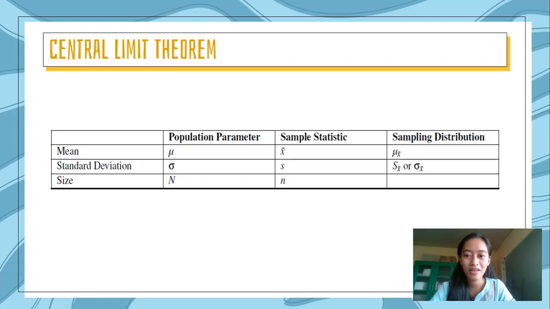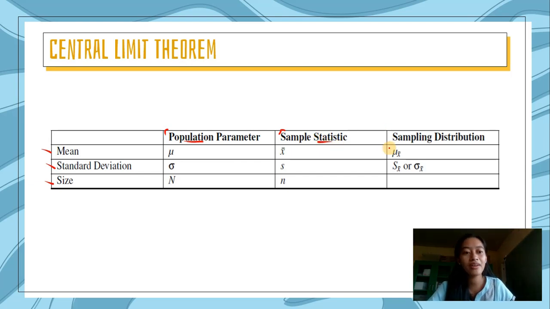Okay, so the next concept now touches on the activity that we did. We first have to acquaint ourselves with the different notations that we will be using. There's this term called population parameter and sample statistic. A population parameter is a value, for example, the mean, standard deviation, or size, that is taken from the population. So it's a parameter. A sample statistic is a term for a value that was taken from the sample.